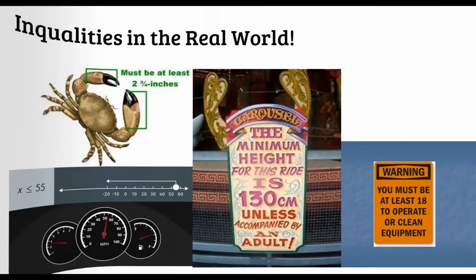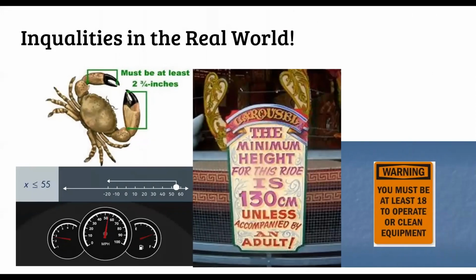All right. So here are some examples of inequalities in the real world. I'm gonna try to use my fancy pen here and hope that it works for the first time. Right here we've got an example of a crab. When you go fishing, if a crab or a fish is a certain size, you either have to throw it back if it's too big or too small. It has to be within certain restrictions.